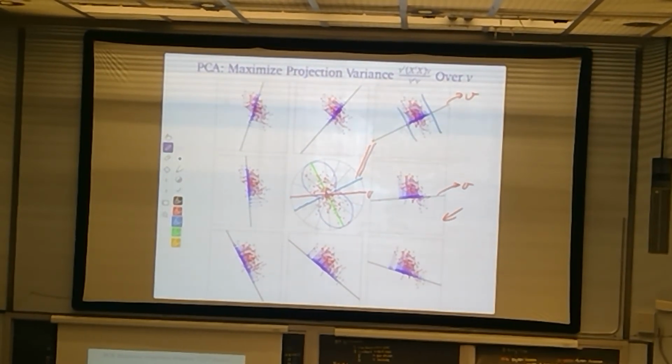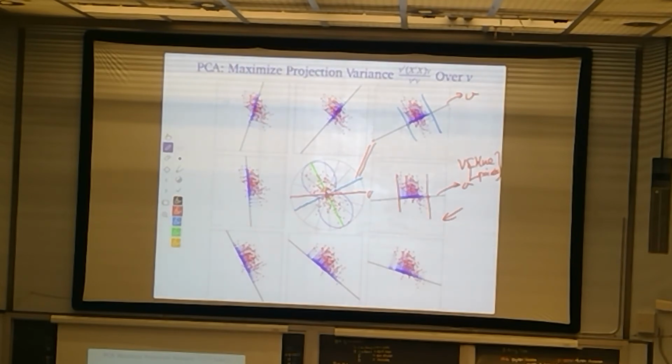I can see it spreads out like this. When I did this, it spreads out like this. Okay, so every time I do the projection, I will be able to calculate the variance of the projection, the variance of the blue points. These are the projections, okay? And for each of these, I will have a number.